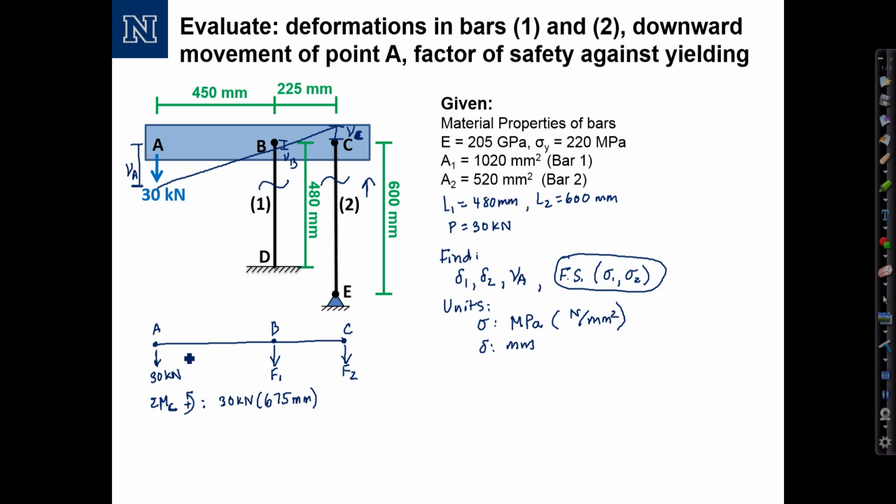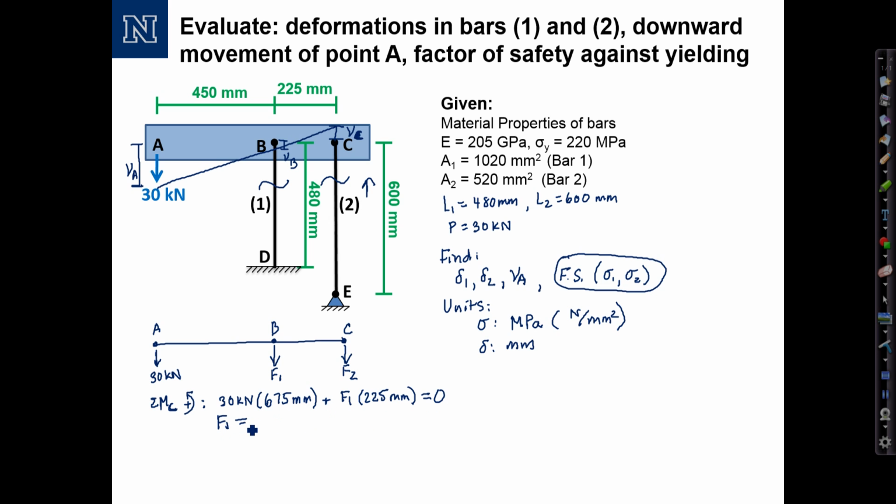That's a positive moment about C. F1 also contributes a positive moment about C, which is the force F1 times the length between B and C, 225 millimeters, and I will set that equal to 0.